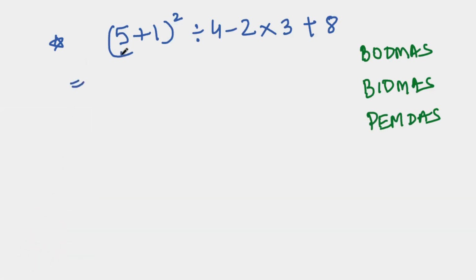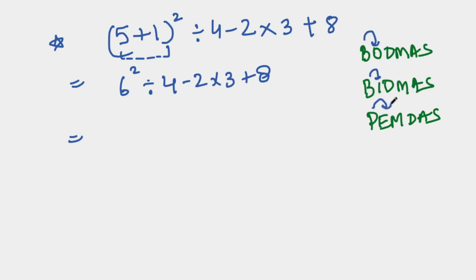So we will solve this part first. So 5 plus 1 is 6. 6 square. Now the rest of everything will be written exactly as it is. Now after B we have order, indices and exponents.